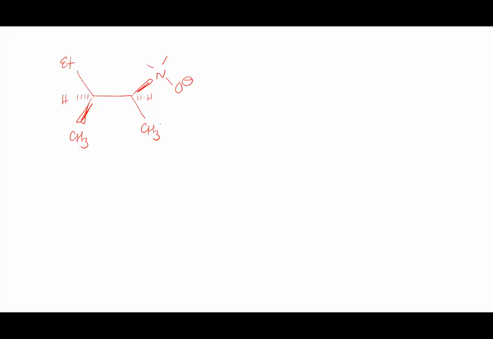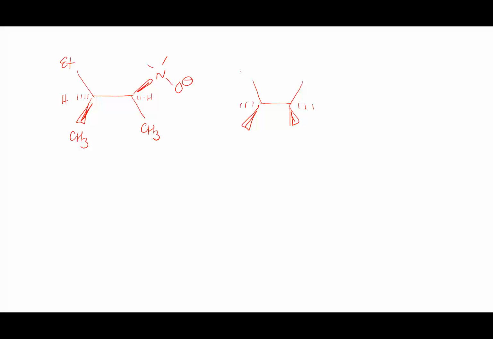So now I have to put that in the U-shape, and when I mean U, I mean the bonds that are in the plane of the screen, with the bold and dashed wedges. Now everything is eclipsing each other, right? This is the eclipsed conformation.